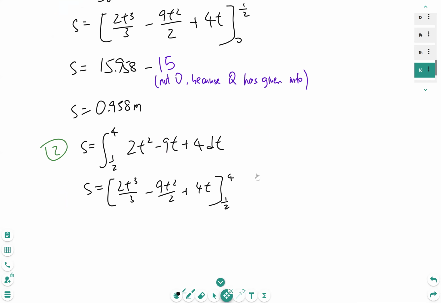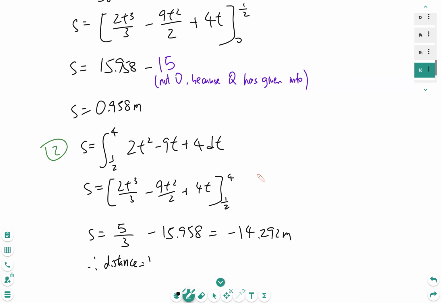When you sub in 4, you get 5 over 3, and when you sub in a half, you get 15.958. I know it's negative, so you get negative 14.292 meters. Therefore, distance equals, ignoring the negative, 14.292 meters.